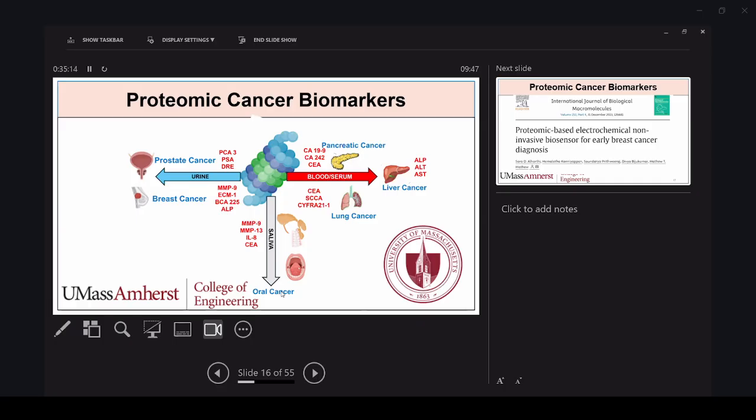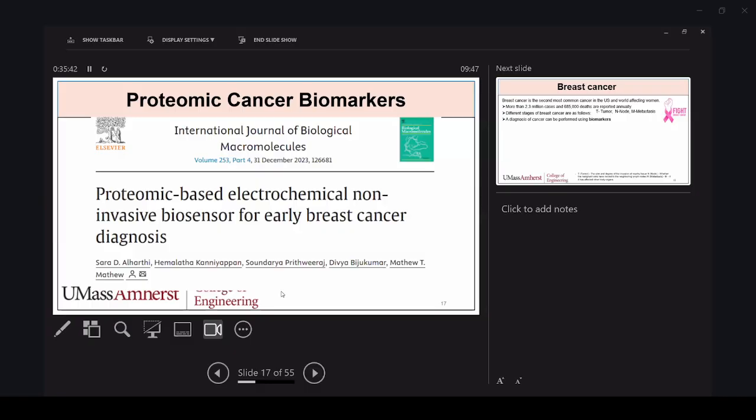Blood and serum, as usual, are direct, with little chance of false positive or false negative; they give more accurate results compared with urine and saliva, which contain a lot of other biological molecules. So false positives or false negatives can occur, but they can be ruled out with a combination of different biomarkers.